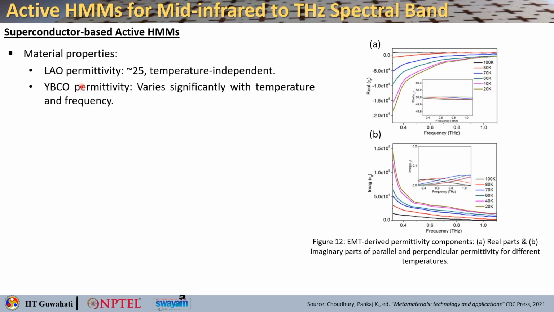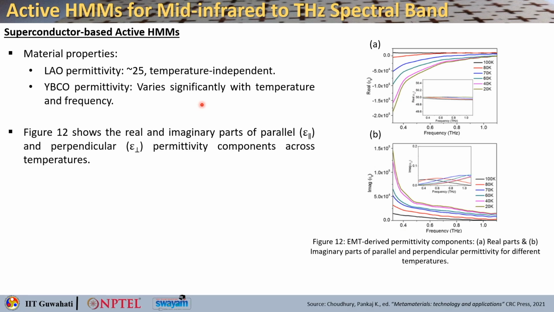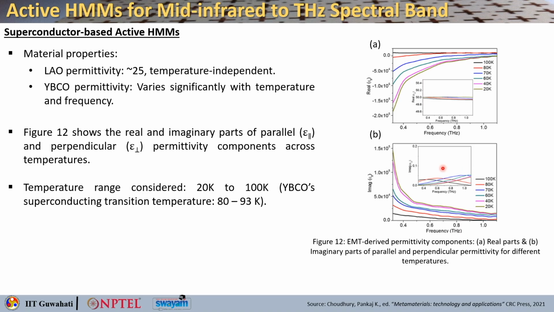And then if you consider YBCO permittivity, that varies significantly with temperature and frequency, right. So, this particular figure shows the real and imaginary parts of epsilon parallel and perpendicular being plotted. So, this is the perpendicular one, this is the parallel one, and these are the imaginary parts of the parallel and perpendicular components. Okay.